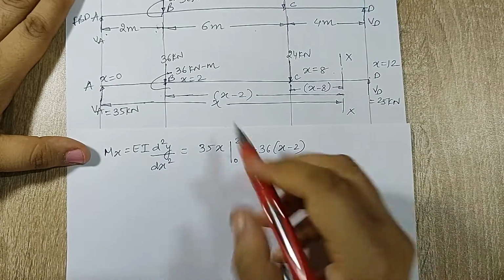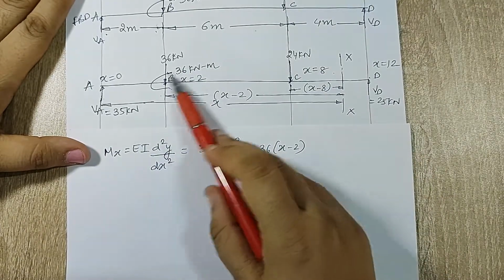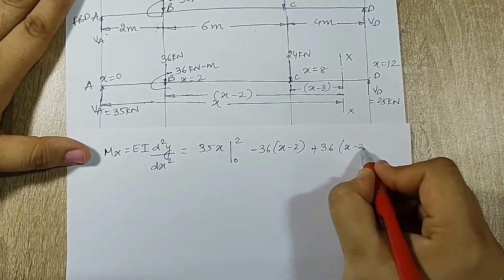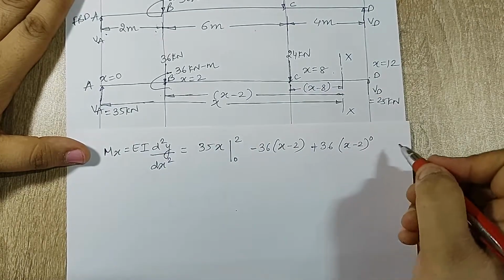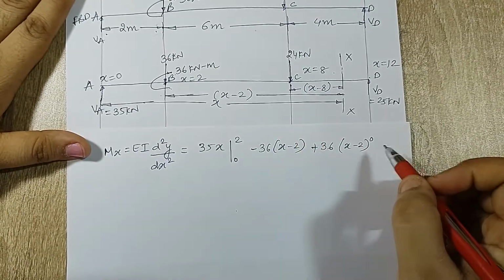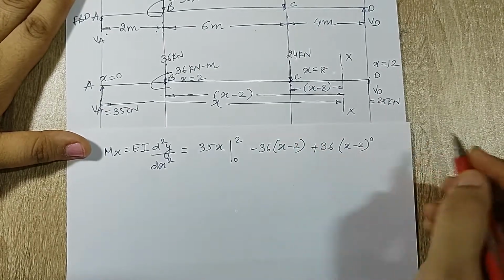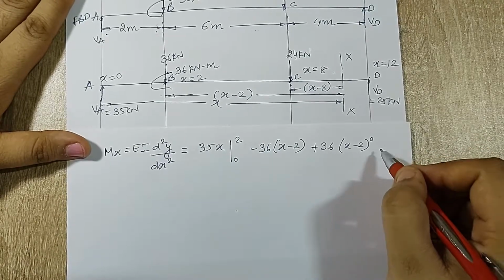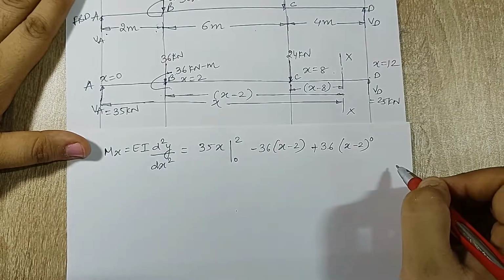Now please don't stop here. Look, there is a moment. This is going clockwise, so I have plus 36 into x minus 2 raised to 0. If you recollect, in the second lecture of Macaulay's method I have already told you about this moment concept, how you are supposed to multiply with the distance and also multiply it by raising it to the power 0.